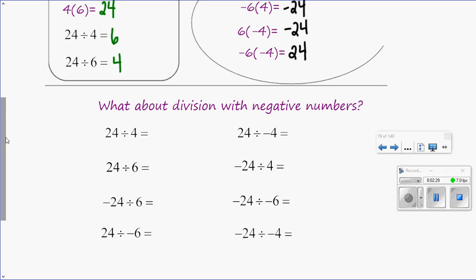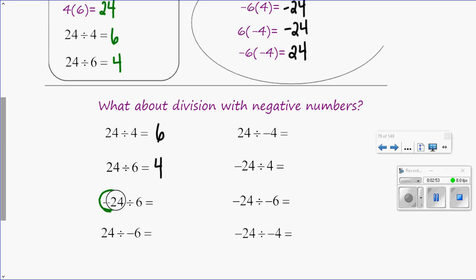Okay, we have 24 divided by 4, and those are both positive, so my answer is going to be positive because they have the same sign. Okay, the one right below it, same thing. Positive 24, positive 6, same sign. So I just divide it normally and give it a positive answer. Okay, if you look at the next two examples, there's one negative number and one positive number.